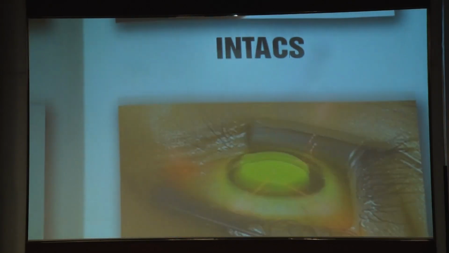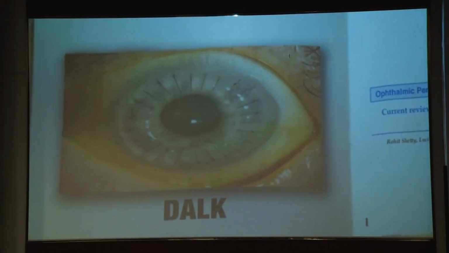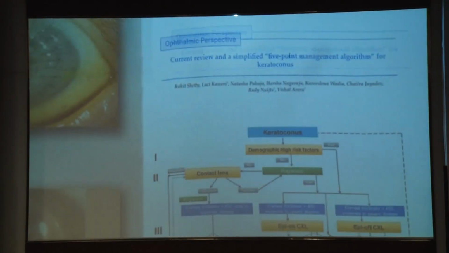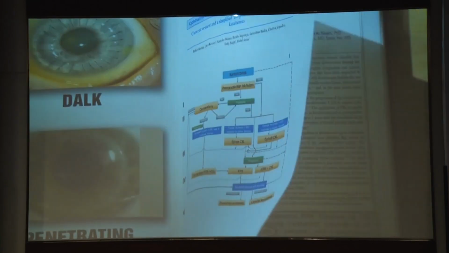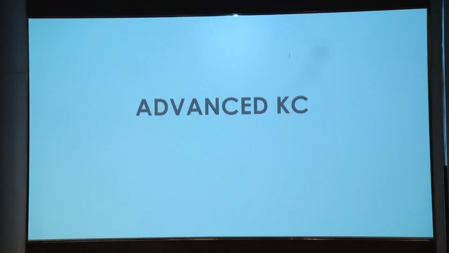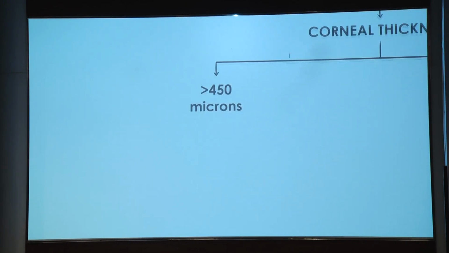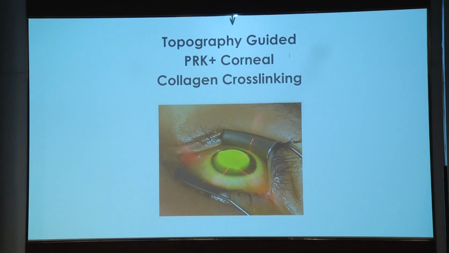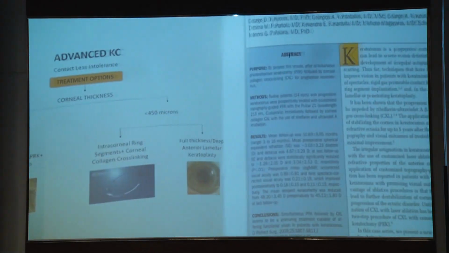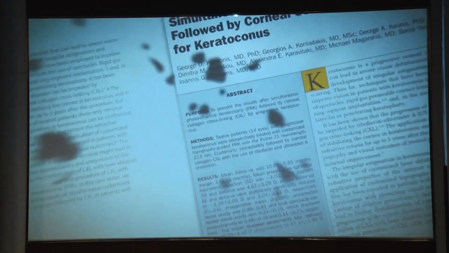But is there nothing we can do about the visual quality? Topo-guided photorefractive keratectomy requires a minimal corneal thickness of 450 microns. The procedure had good visual outcomes. However, its limiting factor was the thinnest pachymetry.